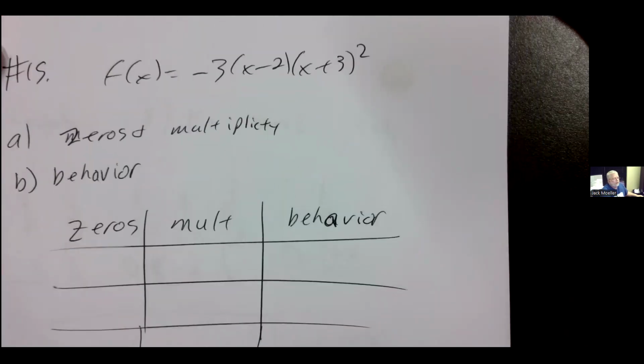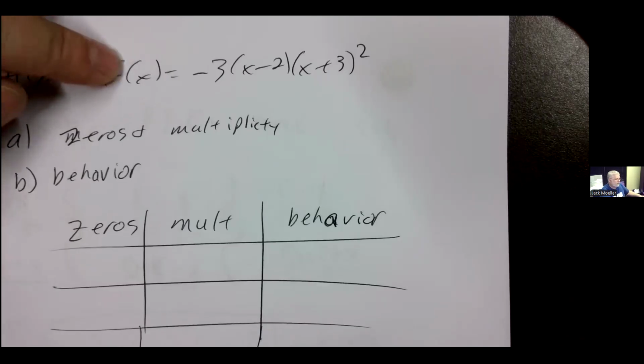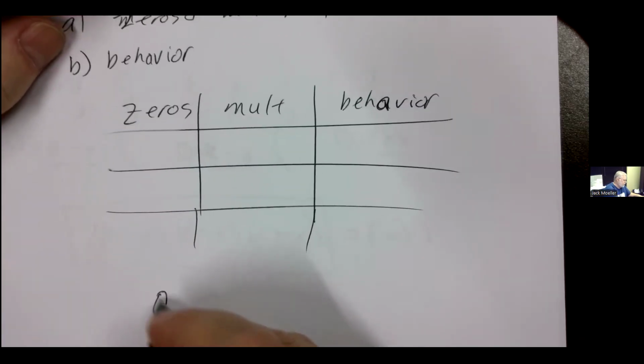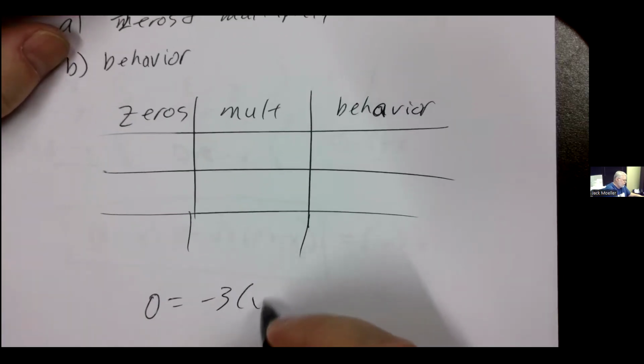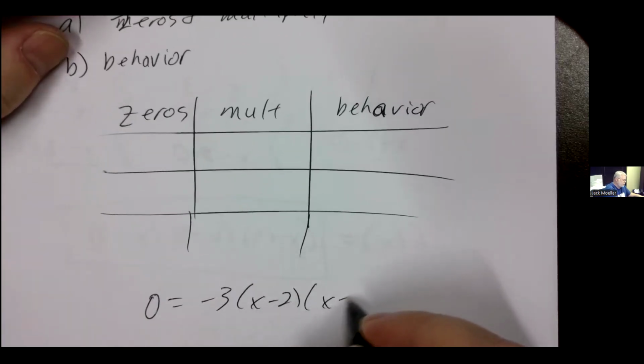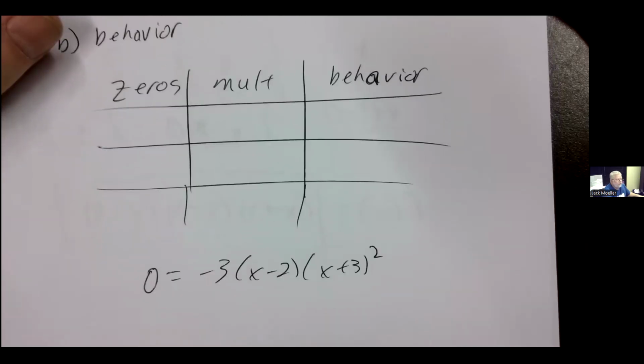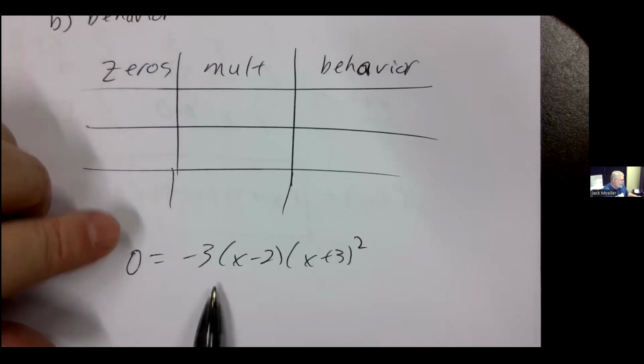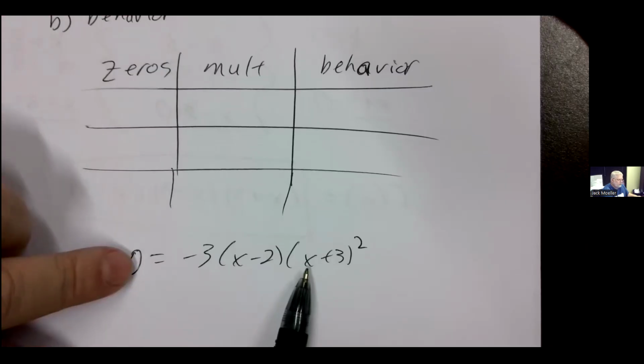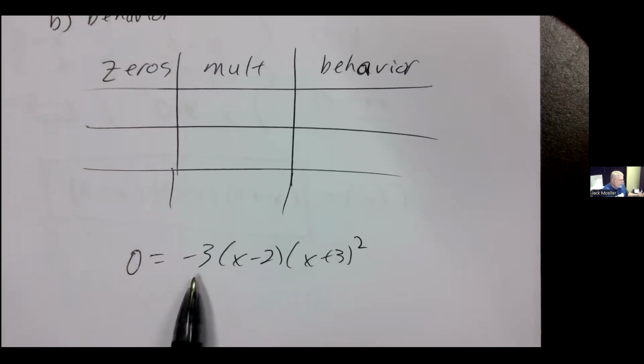All right, so how do we find the zeros? Well, remember zeros are x-intercepts, so y is equal to 0, f of x equals 0. So we're just saying 0 is equal to -3 times (x minus 2) times (x plus 3) squared. To get the zeros, we need all the factors that have x in them, set them equal to 0, and solve. We don't need to worry about that -3 factor because there's no x, so it doesn't give us an x-intercept.